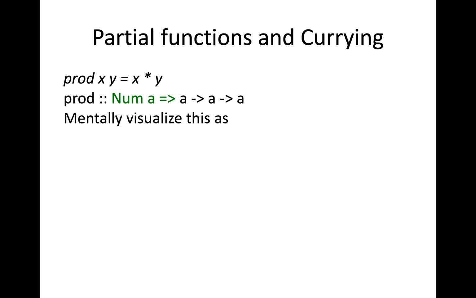Whenever you see type information of a function like this, mentally visualize it like this. That means after the first arrow, put an implicit pair of parentheses.